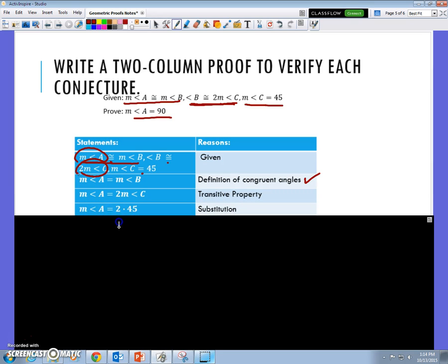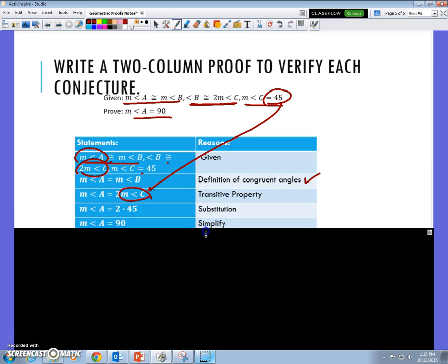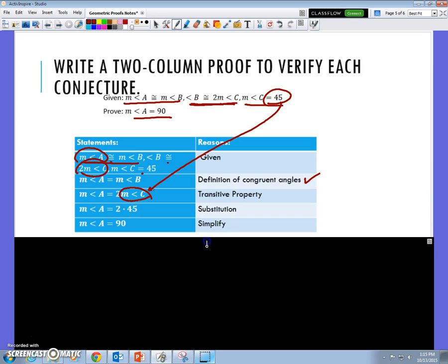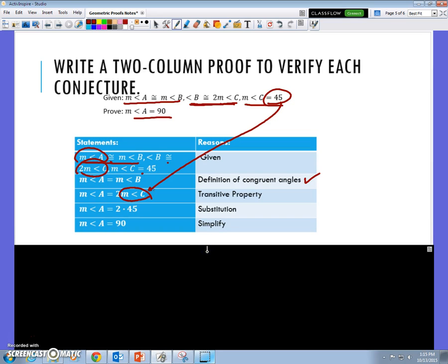Yes, the transitive property. Finally, I'm using my substitution because I know that the measure of angle C equals 45. So I'm just going to substitute that number in there, 2 times 45 instead of 2 times measure angle C. I'm going to simplify. 2 times 45 is 90. And so now I know that measure angle A equals 90, which I was trying to prove this whole time.